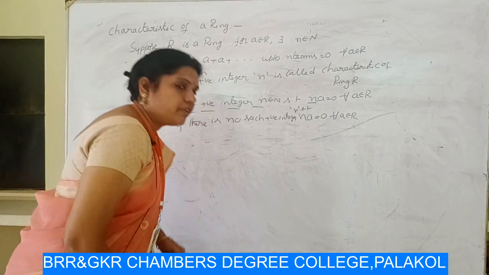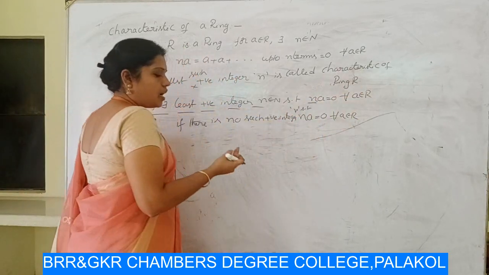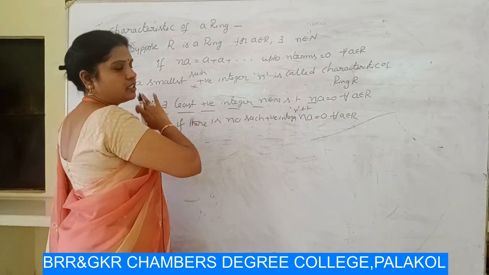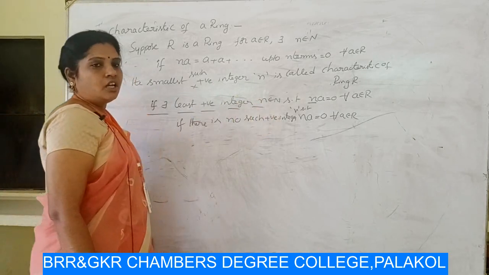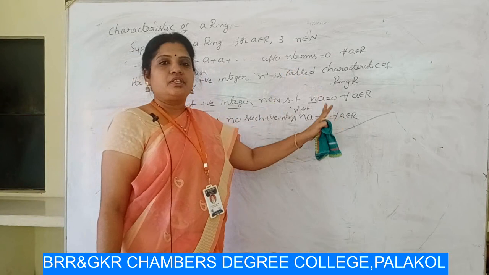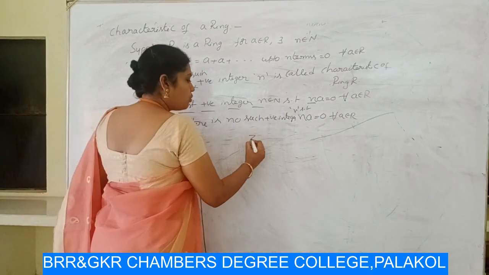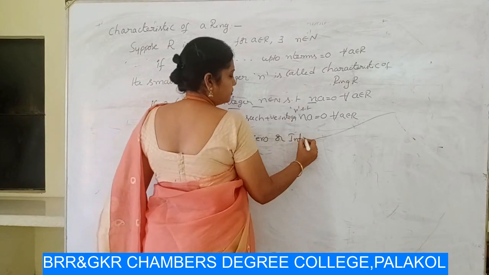If na is equal to 0 for all a belongs to R and n is the least positive integer, then the characteristic of a ring is n. If there is no such positive integer satisfying this condition, then the characteristic of a ring is 0 or infinite.